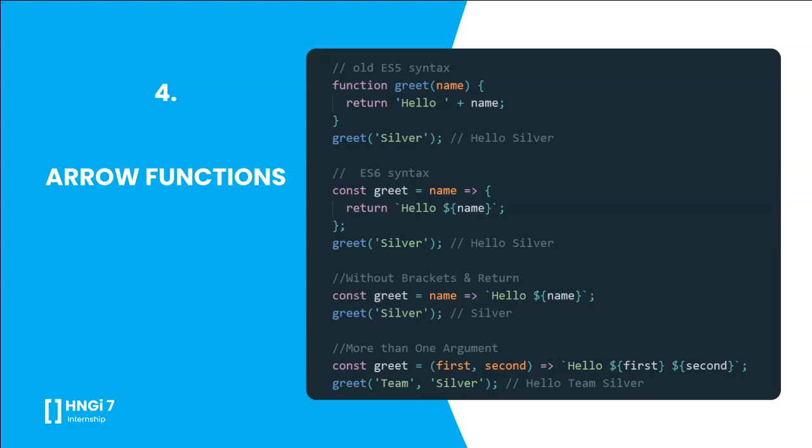In this case, we defined a function greet that collects 2 arguments, first and second, and returns hello, the first argument and the second argument. When we call the function, passing team as our first argument and silver as our second argument, we are going to get the output hello team silver. You have to know how to use this very well so that React will be quite easy for you.